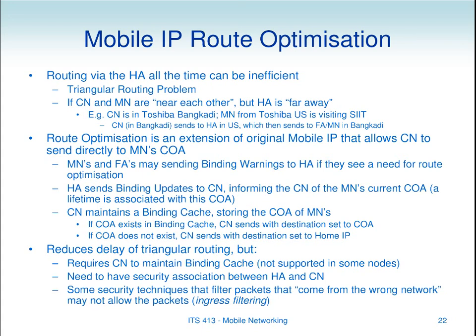All right, in this example, the home network is somewhere in the US, so someone from Toshiba in the US is visiting Toshiba here in Thailand, hundreds of meters away, and they're communicating with someone in SIT in Thailand.